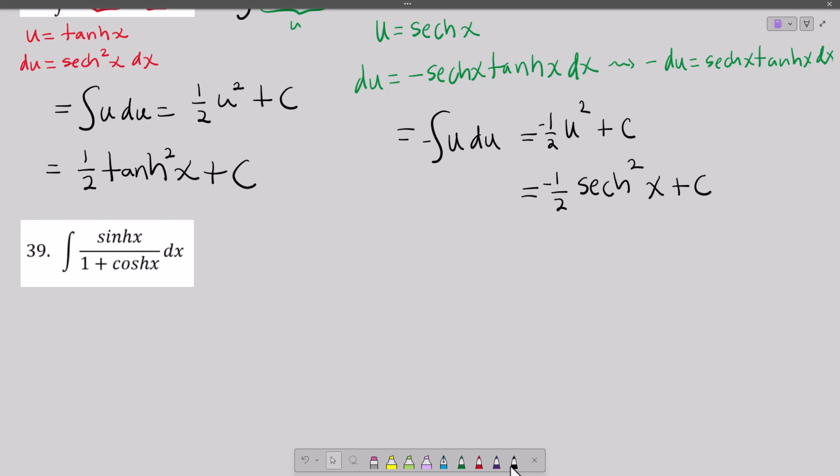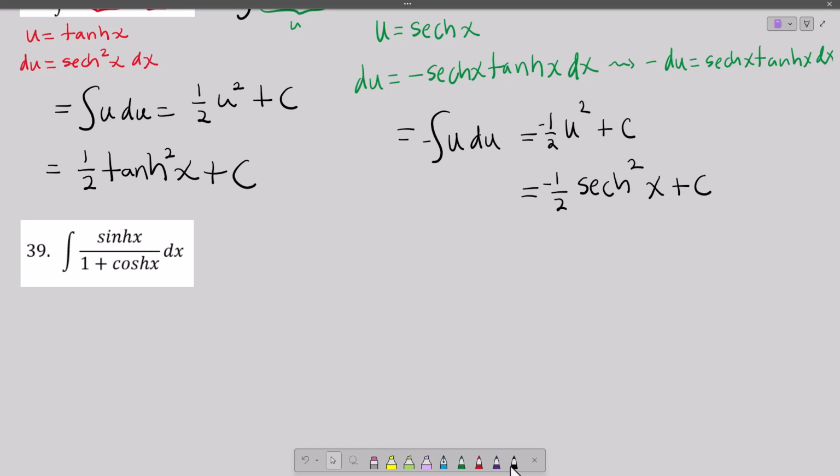Anyone find a u that worked? What was the u you used? 1 plus cosh x.